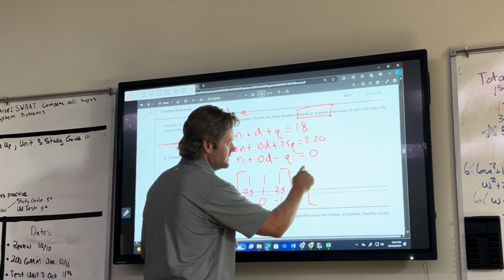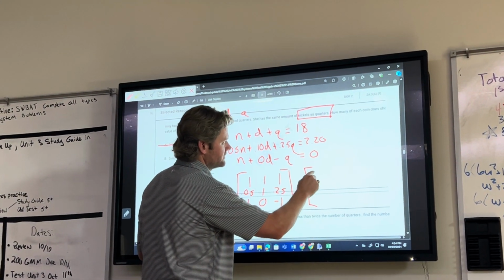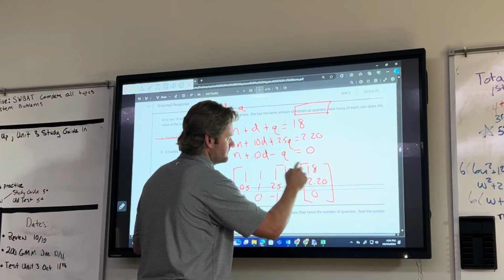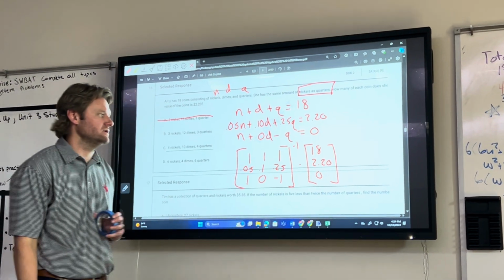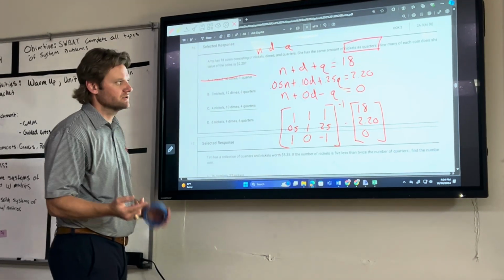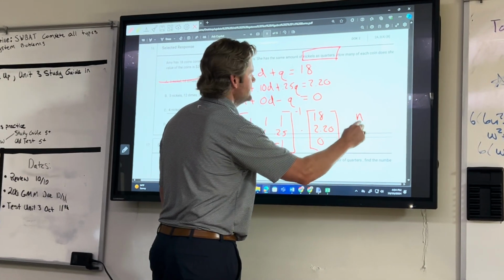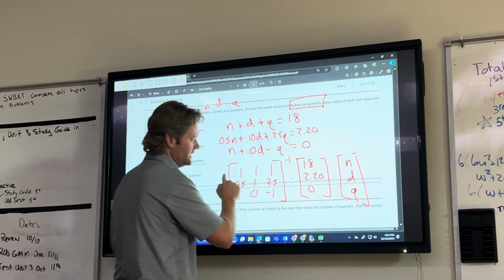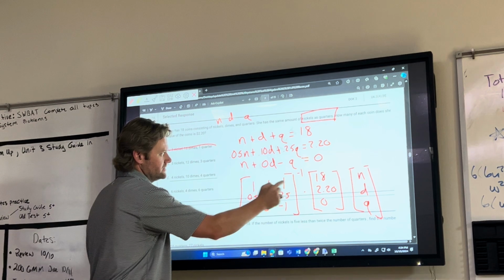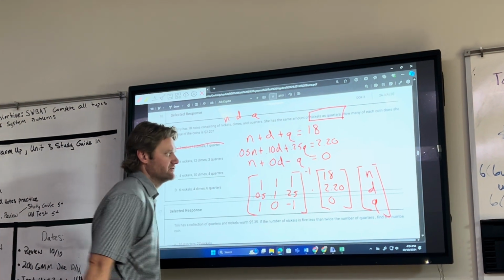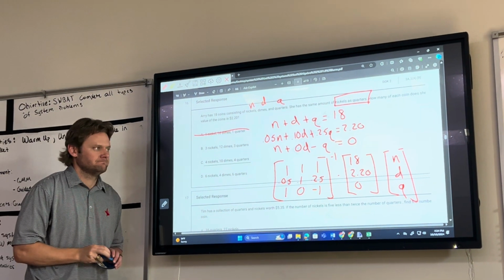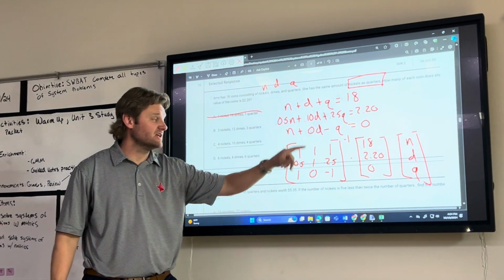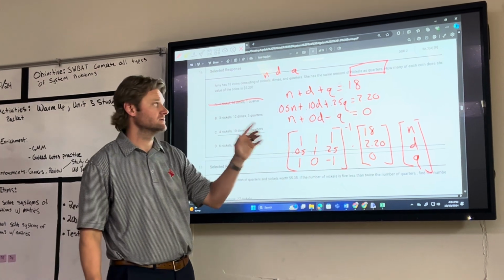And your answer matrix over here is 18, 2.20, and 0. Inverse of A times B will get you the answer. It'll come out as N, D, Q, the order that you went in on the first row. Hopefully you have an N, D, Q in every row. So don't forget how to put these matrices in. You can put in the numbers, and you have to put in the zeros to make it work.